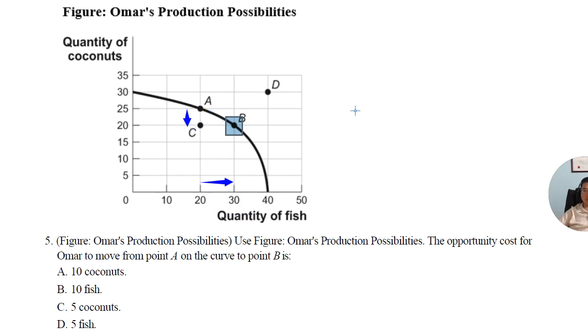That's from point A to point B. So the result is obvious, right? What's being given up? That's this part. The output in coconuts has been given up in exchange for the increase in the output of fish. Okay, that's questions 1 to 5.